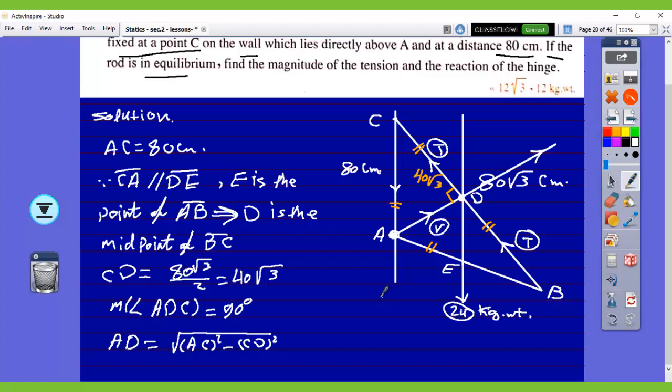It is opposite to the angle of measure 90. So AC is the hypotenuse, and we complete the calculation.